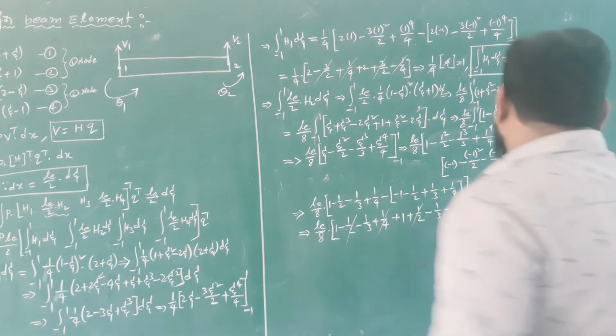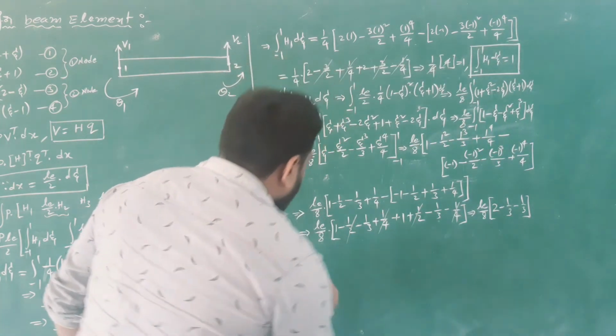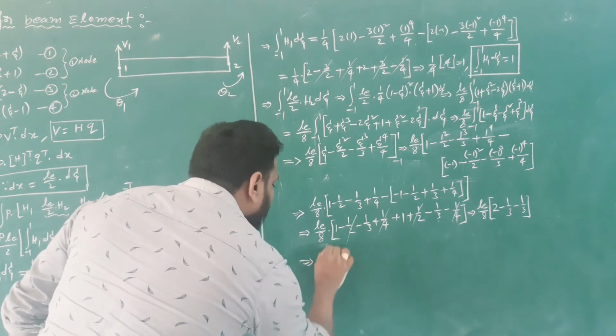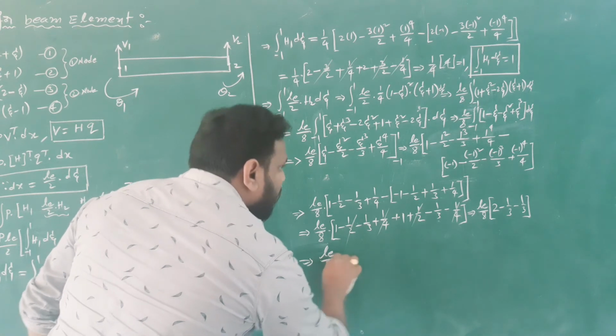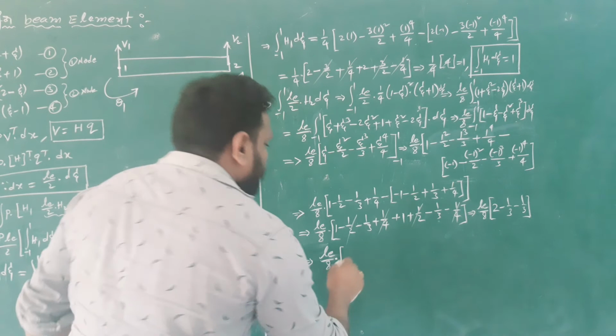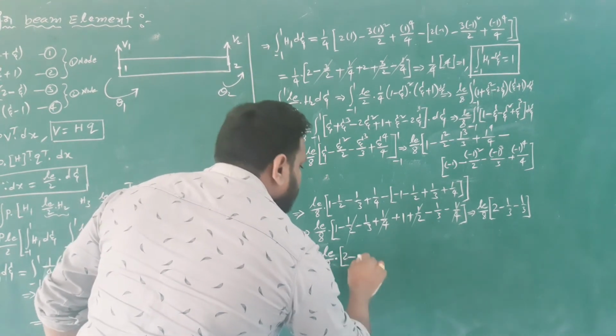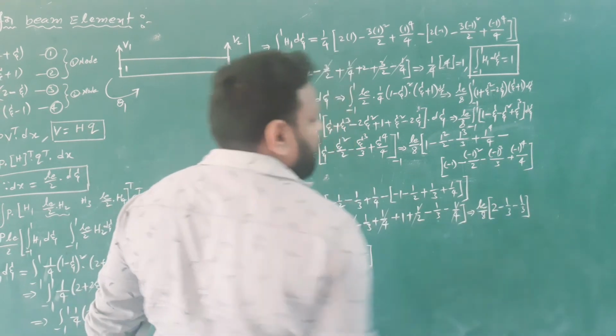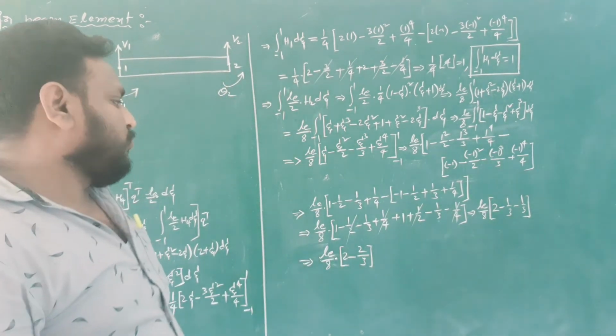So finally we got it like this. Now LE by 8 into 2 minus 2 by 3. Minus 1 by 3 minus 1 by 3, that is minus 2 by 3.